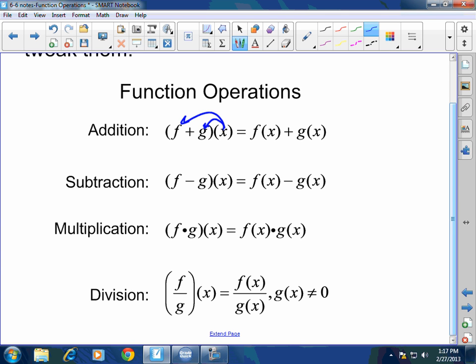This is f of x plus g of x. If I say f minus g of x, distribute: f of x minus g of x. If I say f times g of x, that means it's going to be f of x times g of x. And if I say f divided by g of x, it's f of x divided by g of x.